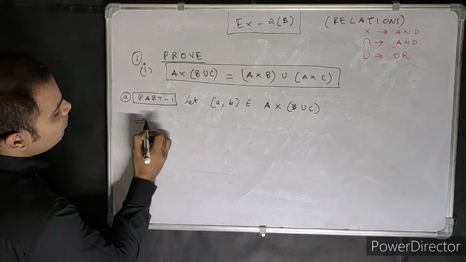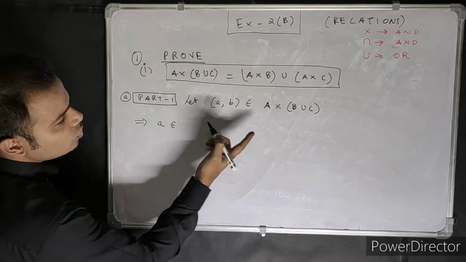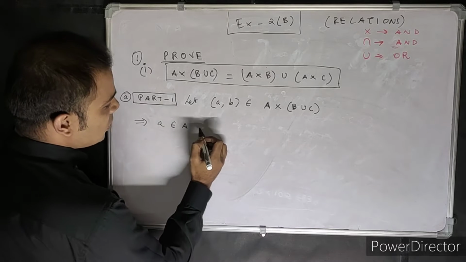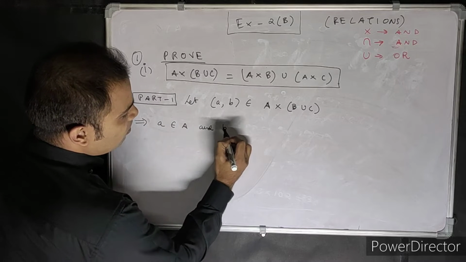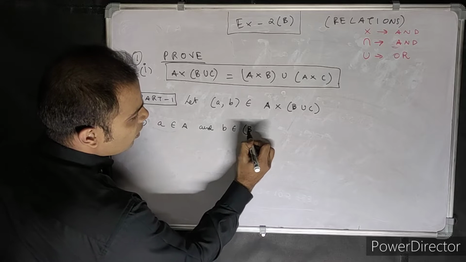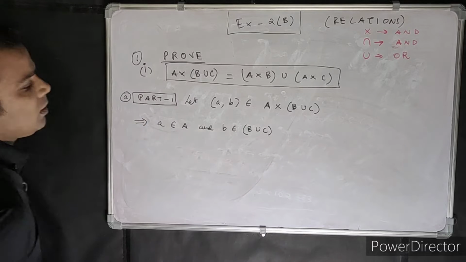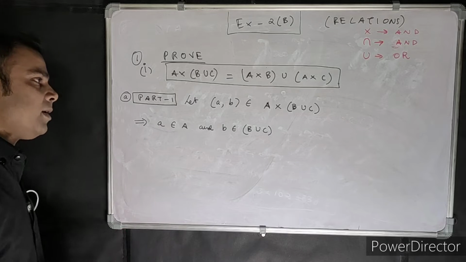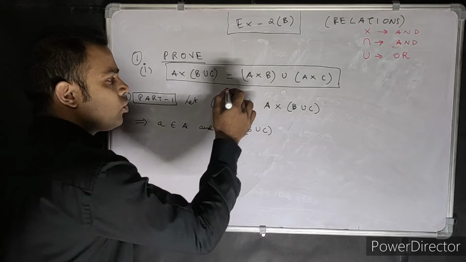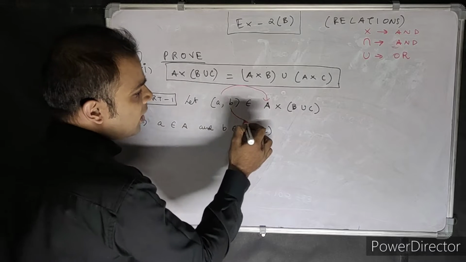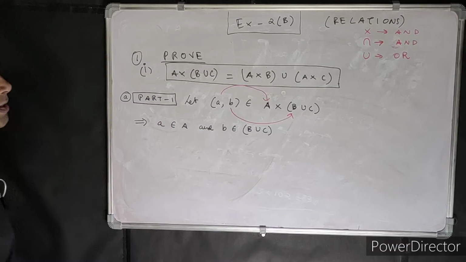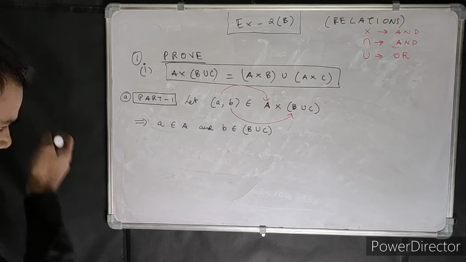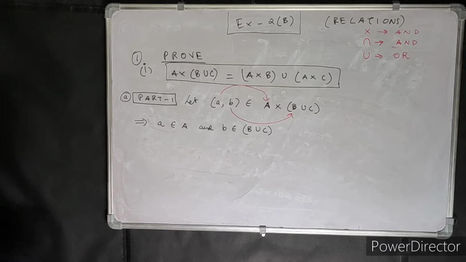This implies that a belongs to the set A and b belongs to the set B union C. Let's understand slowly. The first element belongs to the first set, the second element belongs to the second set. This is a set, B union C.